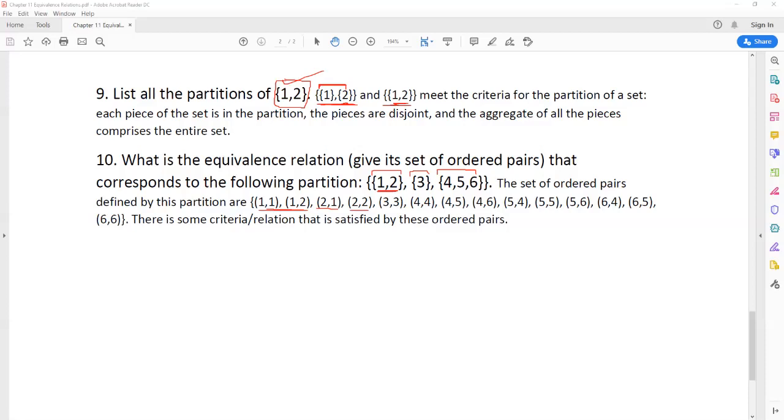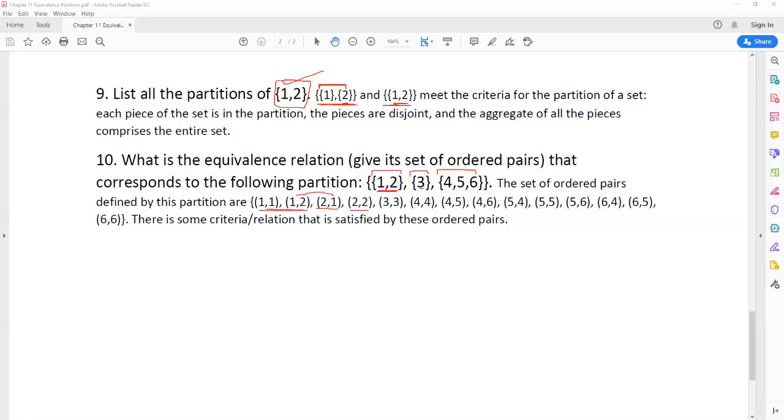So 1 would have to go with 1, and 2 would have to go with 2. Also, the symmetric property would have to hold, which means that if 1 relates to 2, then 2 would have to relate back to 1. And the transitive property happens to work by default. You can check that on your own.